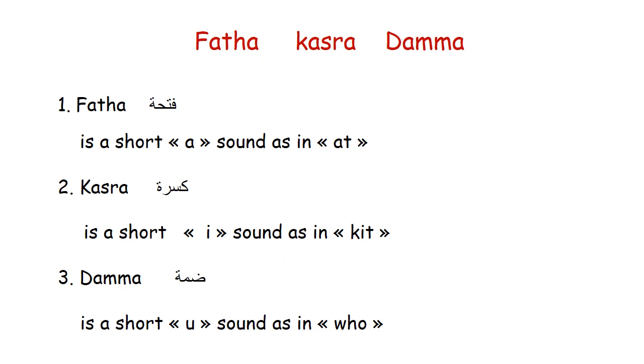Now time has come to analyze Fattah, Kasra, and Damma. Fattah has a short A sound as in at, while Kasra has a short E sound as in kit, and Damma has a short U sound as in who.